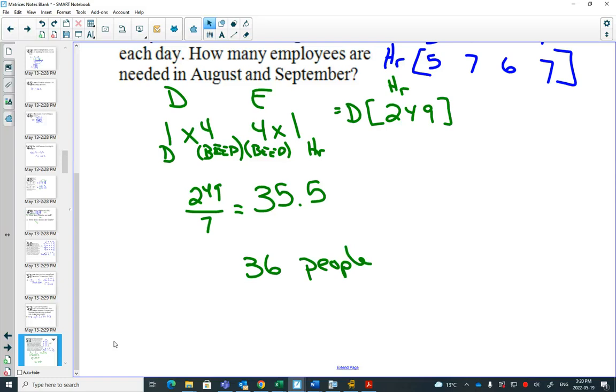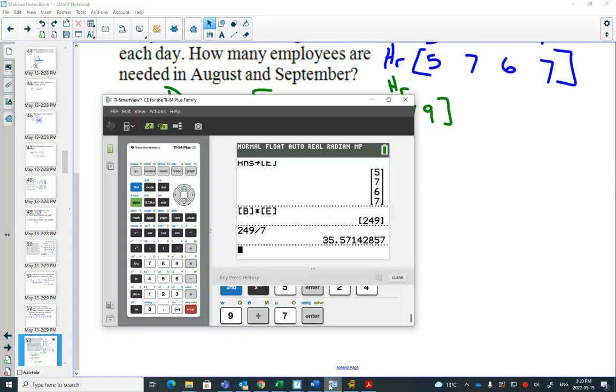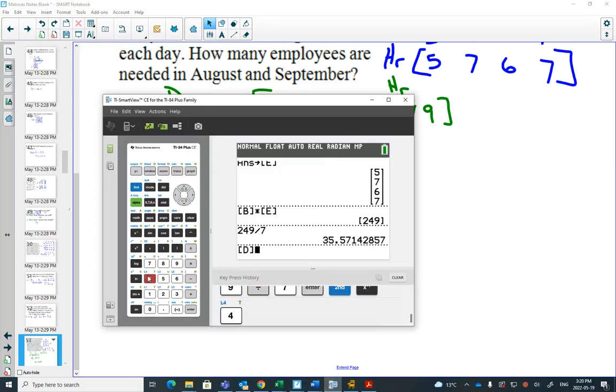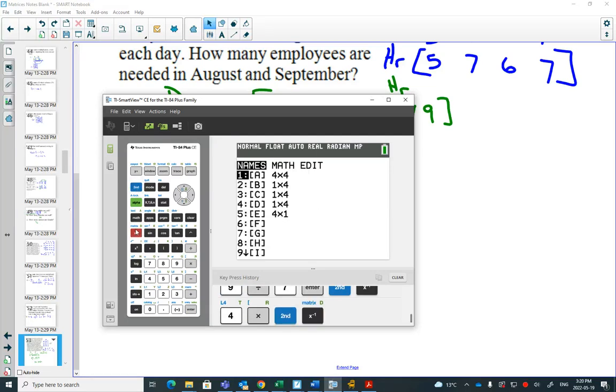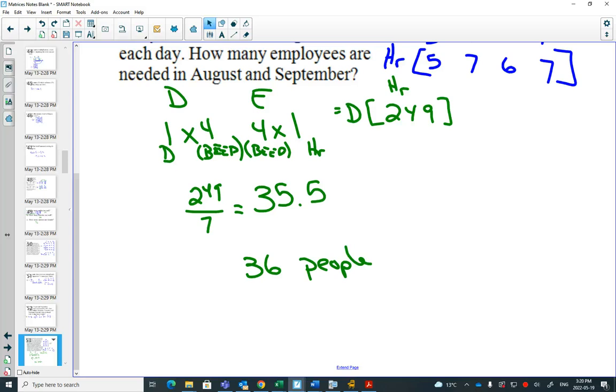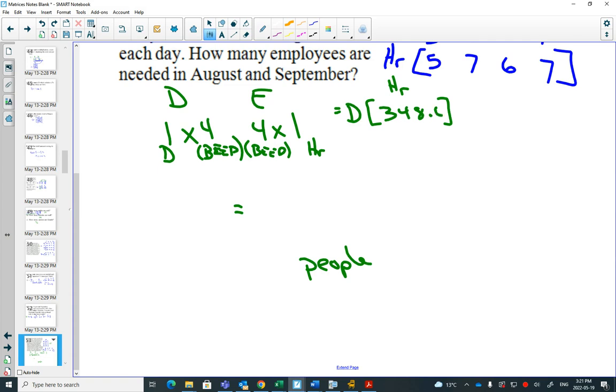Oh, I said D and I did B. Thank you. Second matrix D times second matrix E: 348.6. Divided by 7.